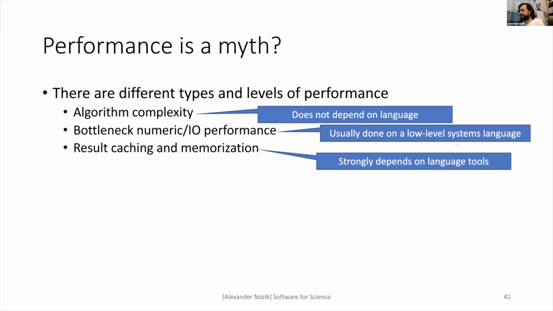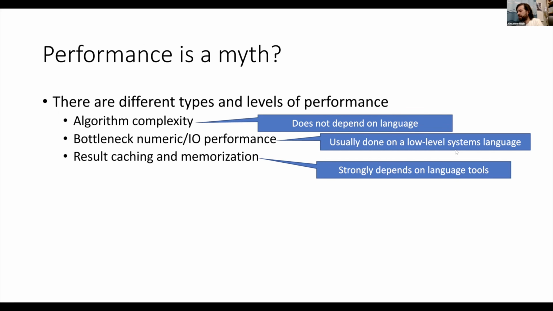And this actually depends on the ecosystem and on tools, because if you have convenient tools to do caching, to do proper architecture, to do proper communication, to cache the results, you can save time. In this case, not the fastest language wins, the more convenient one wins.